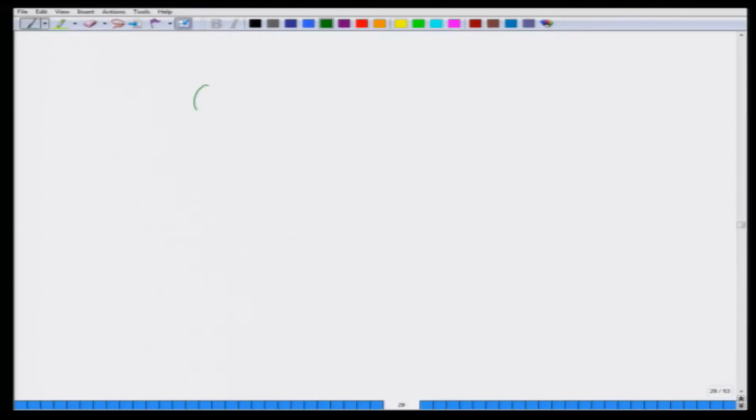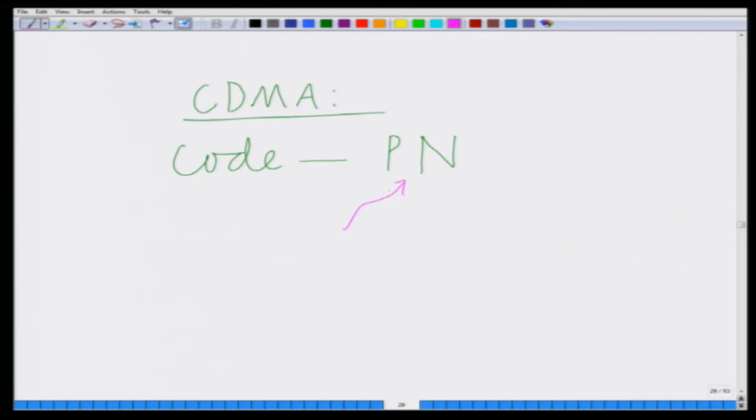So, for CDMA, the code sequence is generated as a PN sequence, which stands for a pseudo noise sequence.